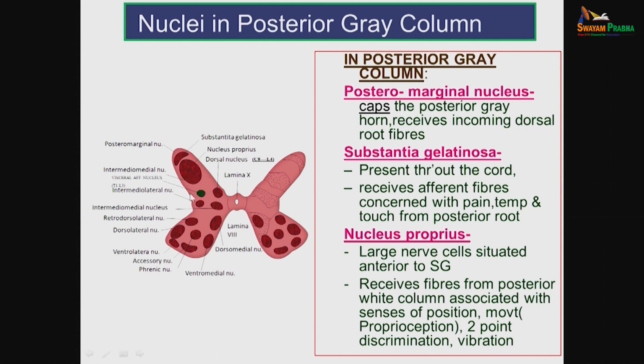So the nucleus proprius receives fibers associated with the sense of position and movement of the joints and limbs, and also two-point discrimination and vibration sense.